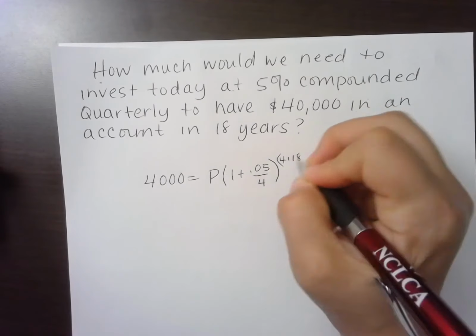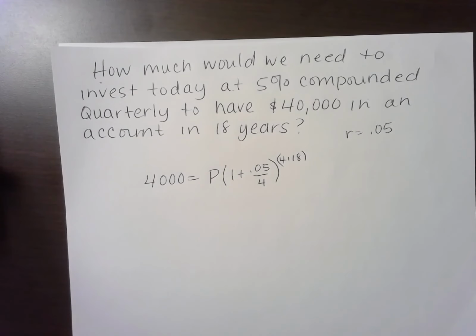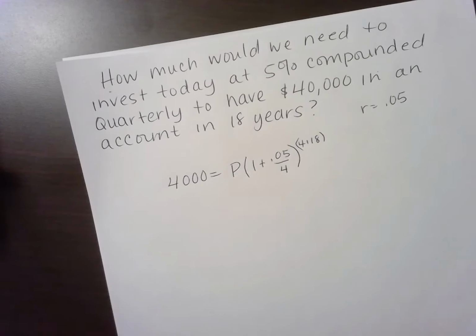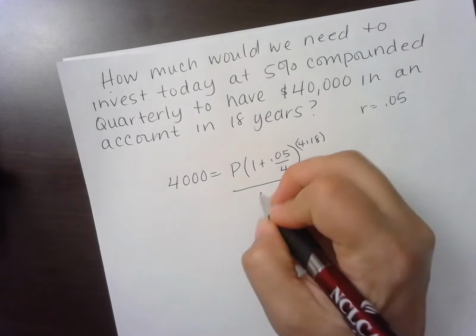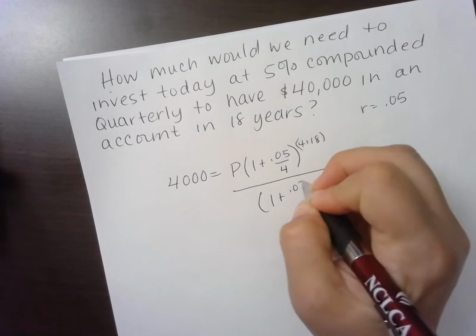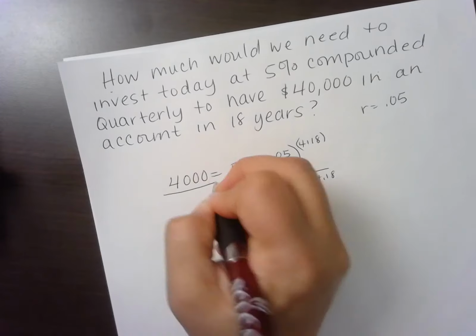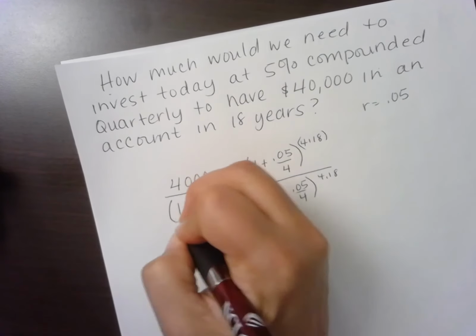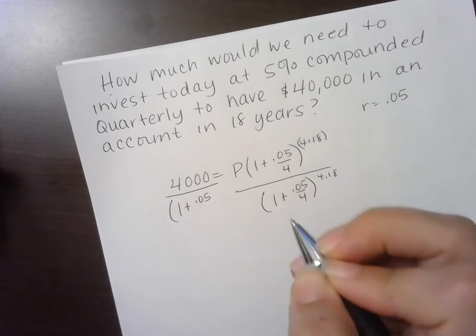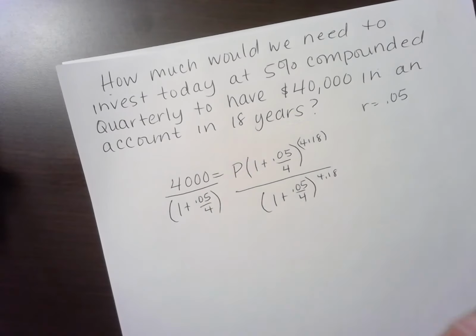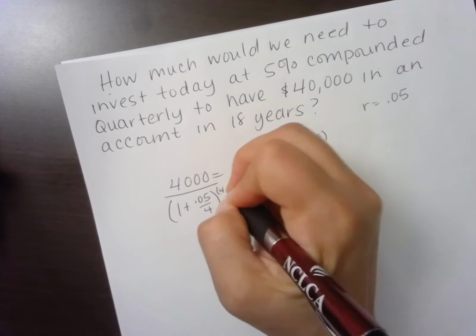All right, so now this time, all I want to do is solve for P. So again, if I'm going to put this in my big graphing calculator, then I just need to divide by this thing, okay? So what I want to do is just put this side, 40,000 divided by this, and then to the 4 times 18, or do the math and change that.